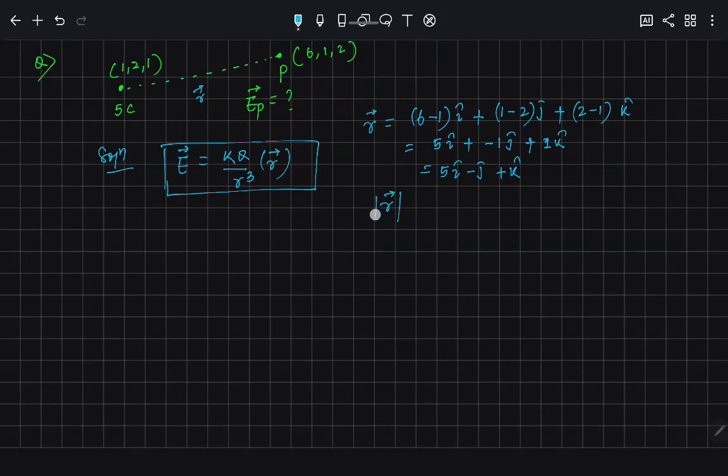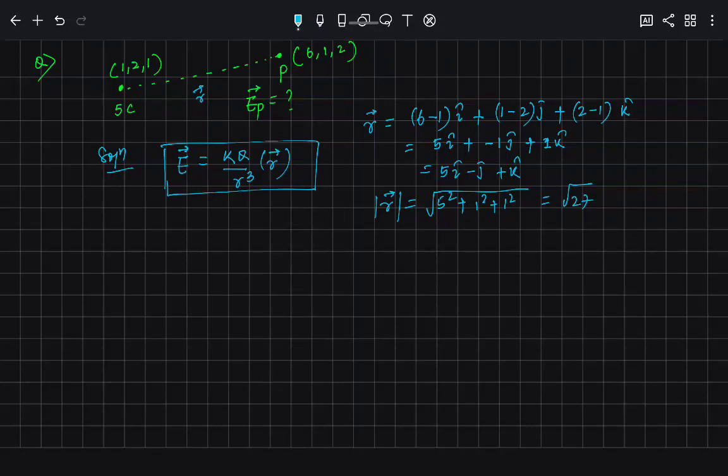Now r mod will be how much? 5 square plus 1 square plus 1 square, root over 25, 26, 27, root over. Clear? This will be 6 minus 1, 5, and this will be 1, this will be 1. 25, 1, 1. Yeah, correct.